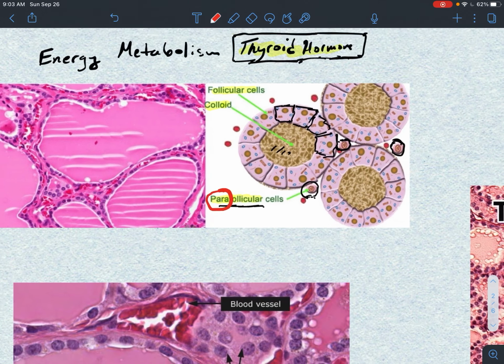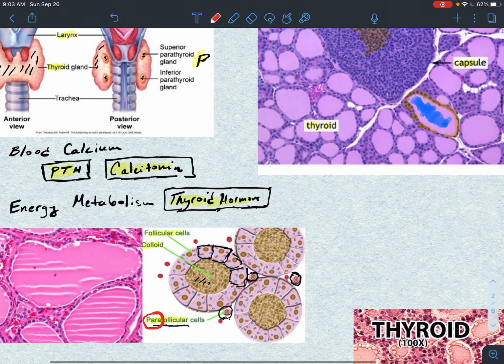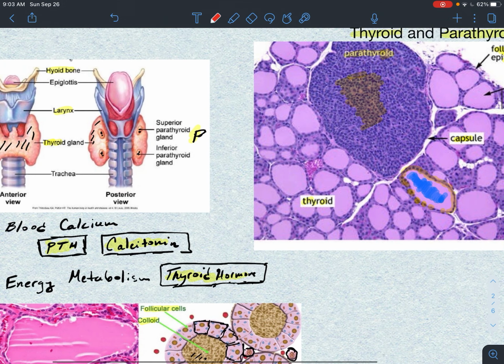Well, para just means next to. So we've got para being used here for parathyroid gland, right? So we've got that para right there, but that just means it is the gland next to, or para to, the thyroid gland. So in that case, we're using para for next to the thyroid, parathyroid.